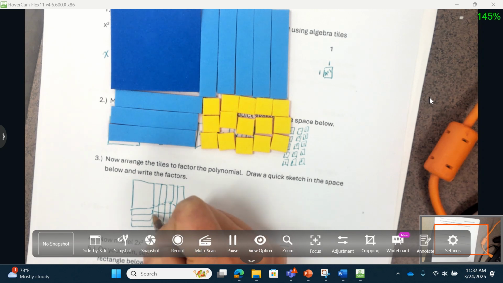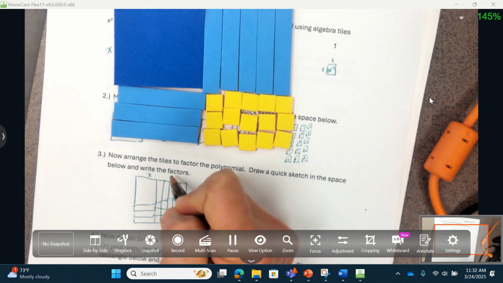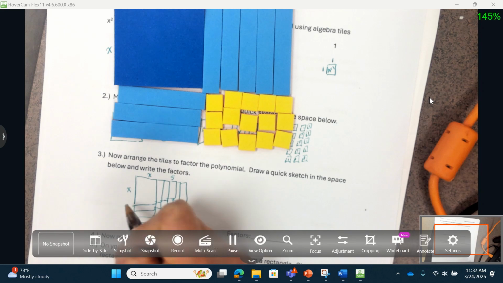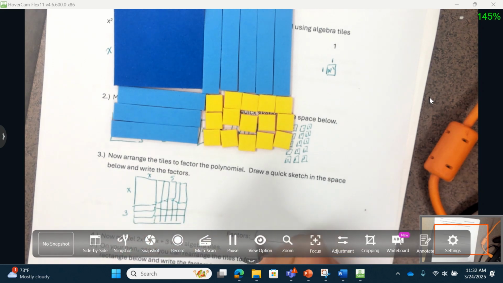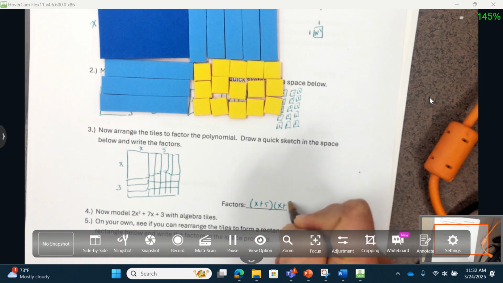Sorry, this is really messy. There we go. So 1, 2, 3, 4, 5, 6, 7, 8, 9, 10, 11, 12. Okay, there they are. And so what we have is x, and then we have 5 of the rectangles there, and x and 3. So my factors are x plus 5 times x plus 3.